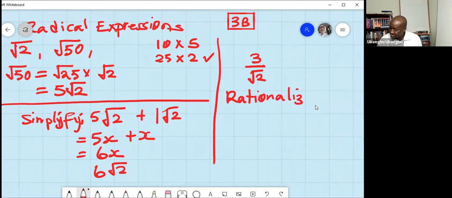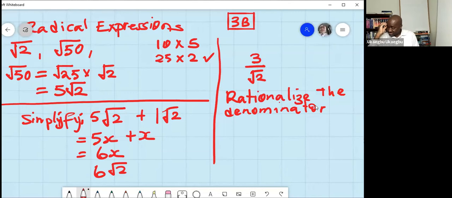You know what that means? Who remembers? To rationalize the denominator means to do whatever you can in order to eliminate the square root in the denominator. Just remove the square root in the denominator.